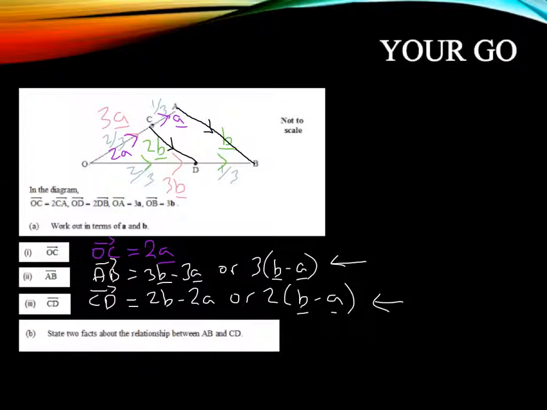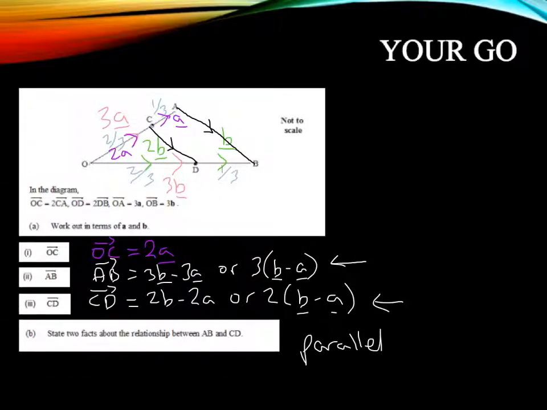Well, what's the same is that they're both described as B minus A. So they are, in fact, parallel to each other. We can tell they're parallel because they're both B minus A. One's 2 lots of B minus A, and one's 3 lots of B minus A. So one of the facts is that they are parallel.